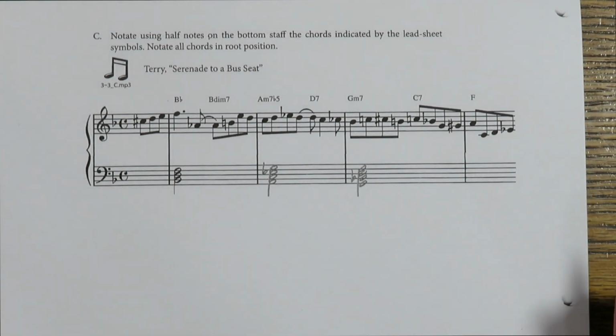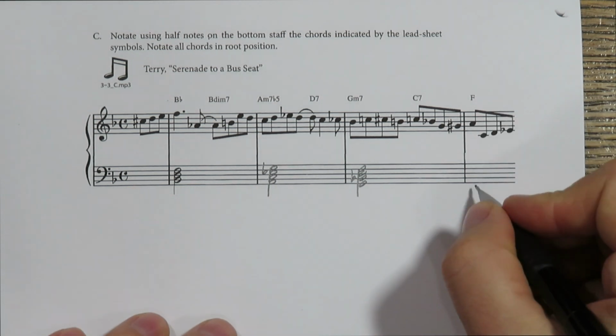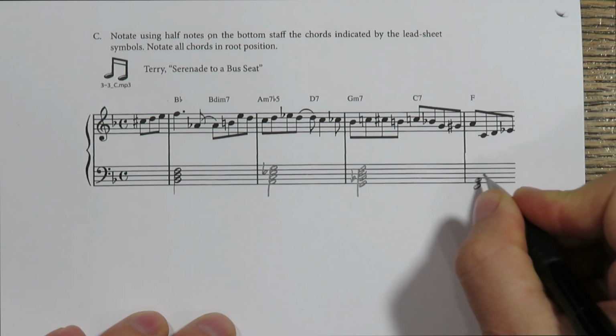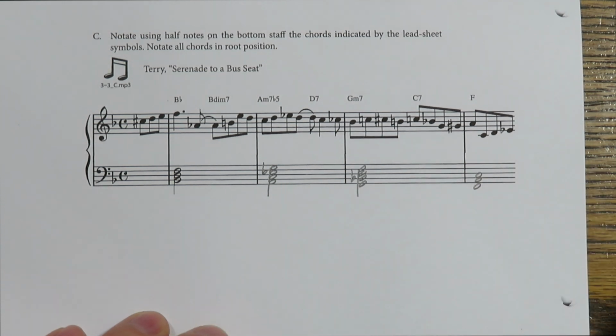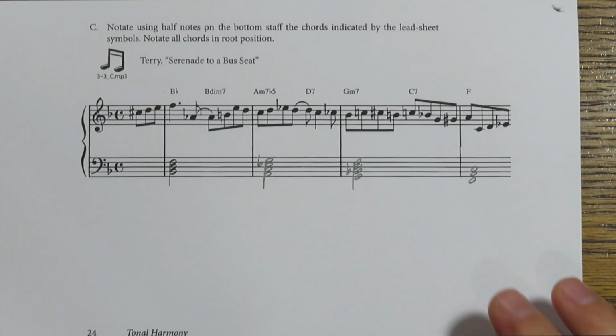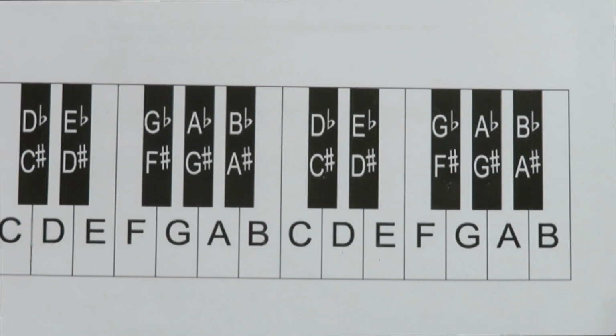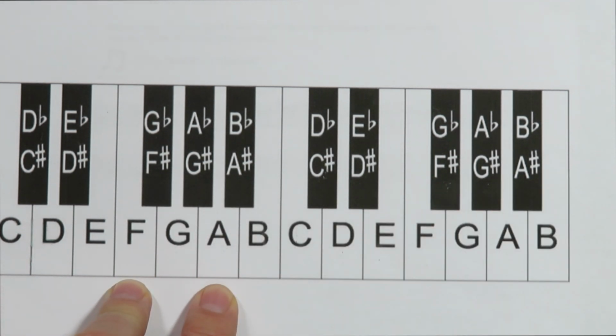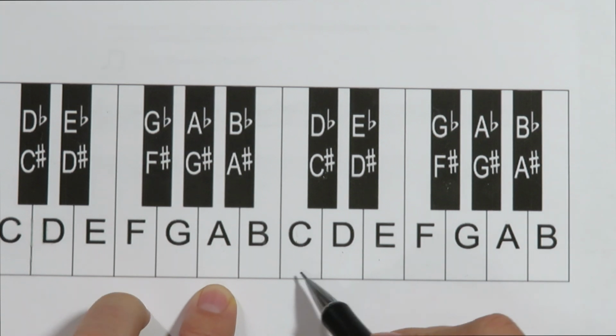Okay, and the last one, F. So we'll build our triad, F, A, C. We want it to be major, and we know that that is major. F to A, whole step, major 3rd, perfect 5th.